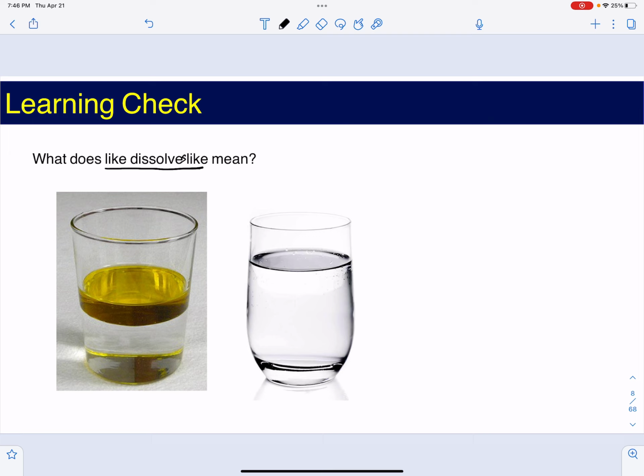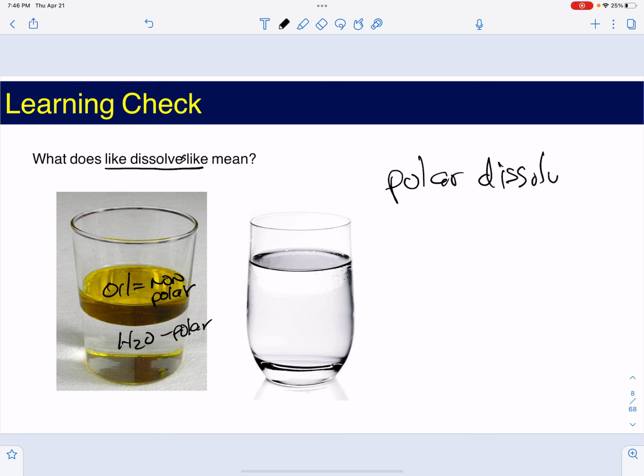So what's happening here is we got water, which is polar, and oil, which is nonpolar, and they do not dissolve, because for them to dissolve, they have to be like or similar: like dissolves like. Polar dissolves polar, and nonpolar dissolves nonpolar.